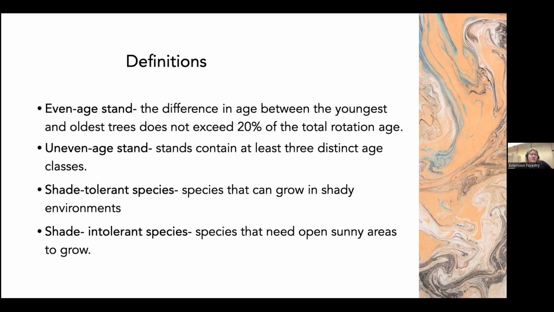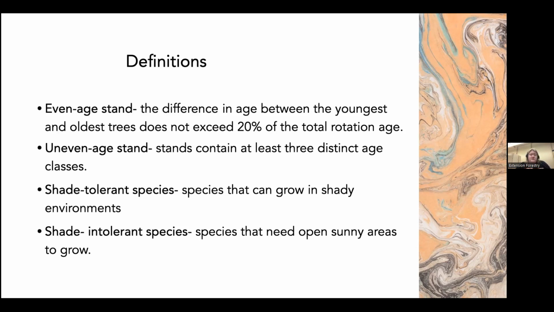A shade tolerant species is one that will grow in a shady environment. That basically means that if there's an overstory that is really closed up and the forest floor is really, really shady, species that are shade tolerant will still be able to grow.